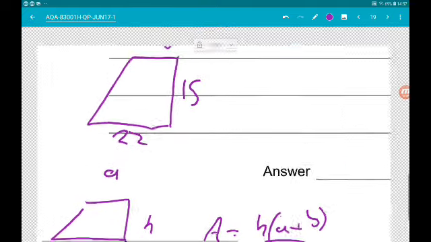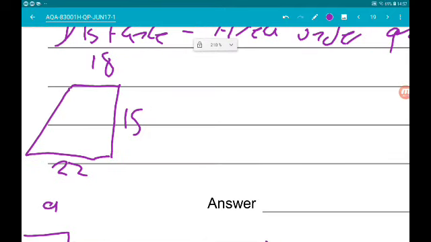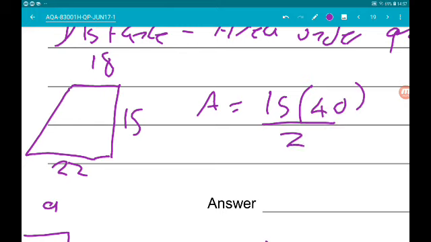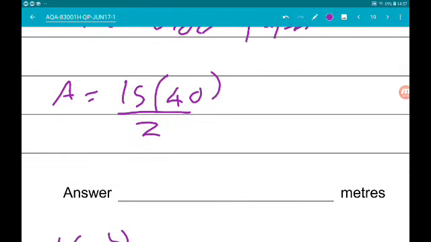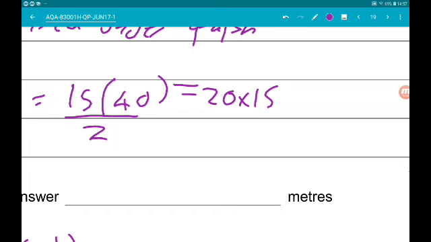So for us, the area is 15 times 18 add 22, which is 40, all over 2. So that's 20 times 15. And the 2 and the 40 cancel out a little bit. So 15 times 20 is 300 meters. Cool.